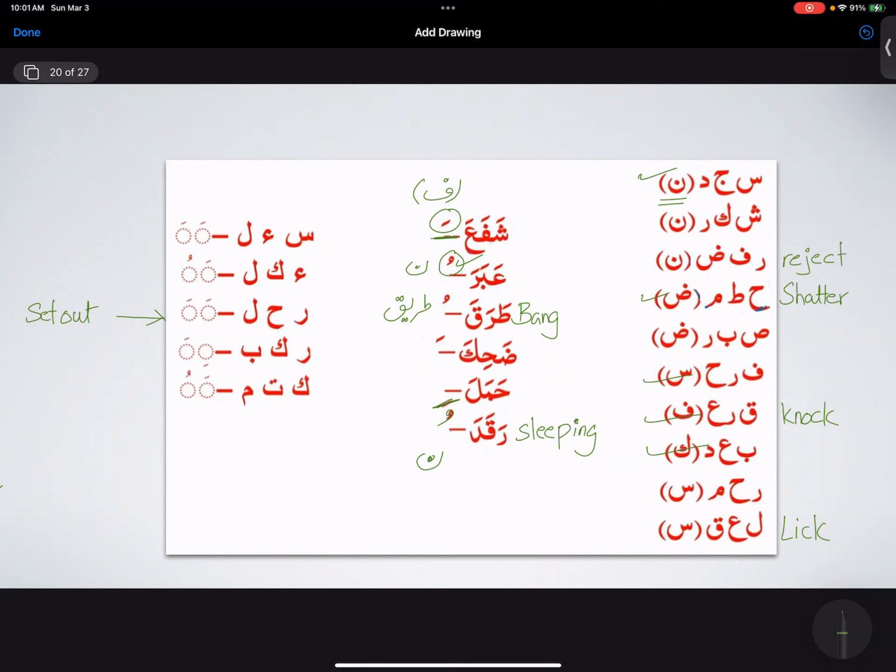If you remember at least the madi and mudari versions, then you know which Bab it belongs to. Then in a third variation, you will find in the dictionary sometimes Sa'ala. It shows that in the madi it has a fatha, and then in the mudari it also has a fatha.